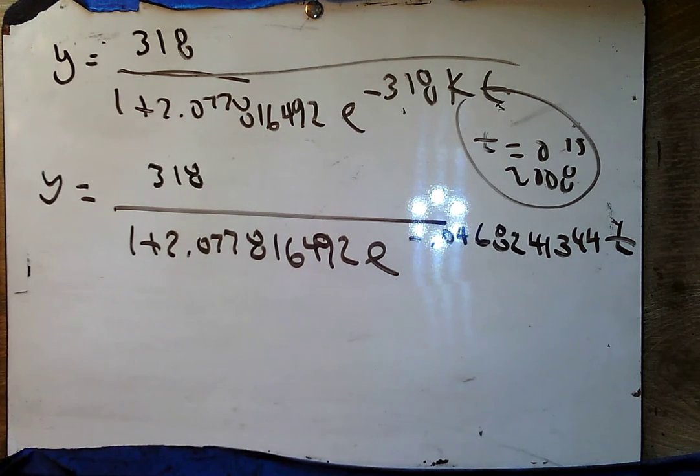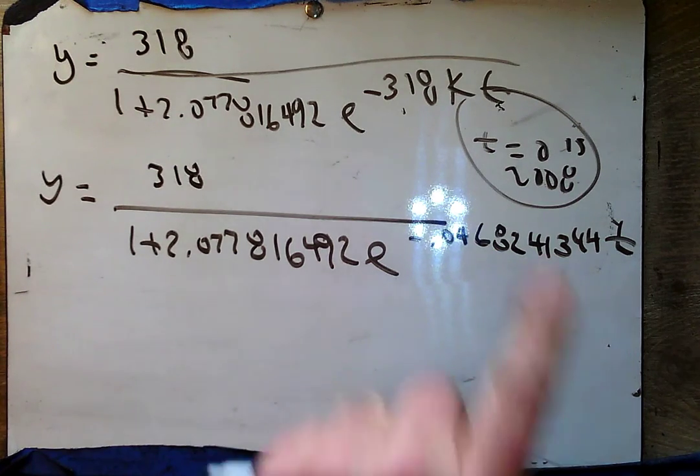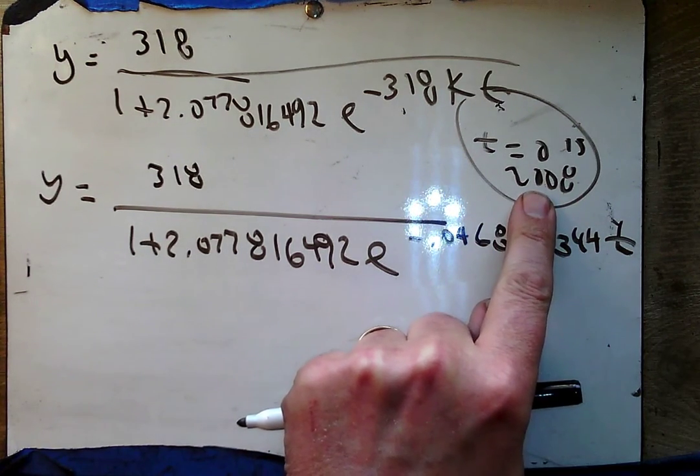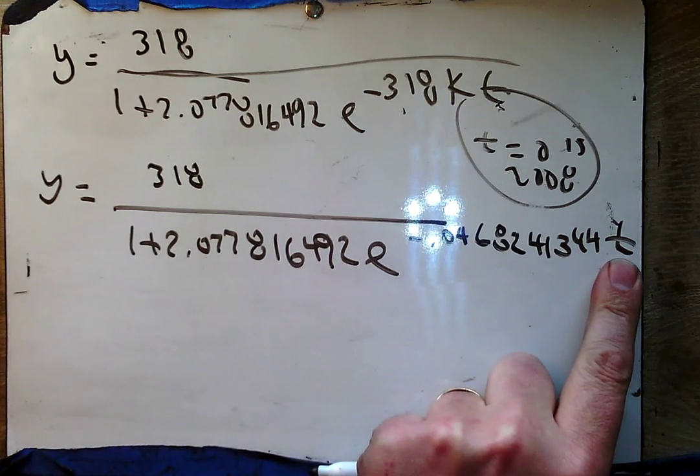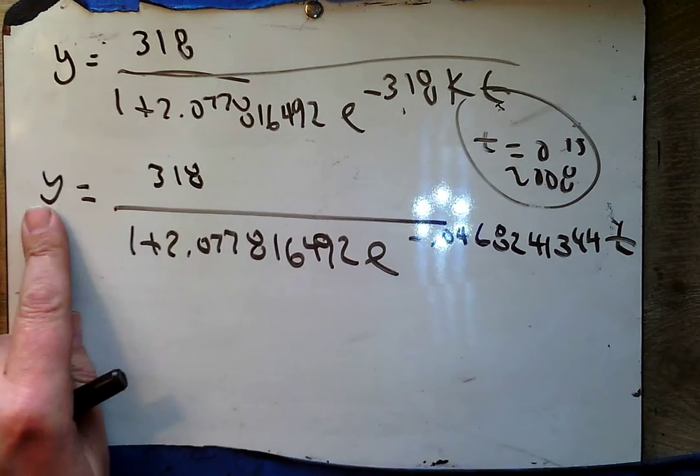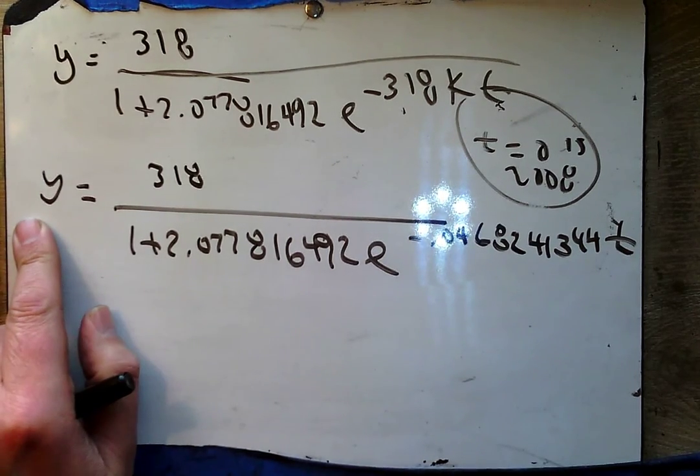Okay? So, what do you want to know? Do you want to know how many people are obese this year? How many years after 2008 are we in now? Well, 13. So if I plug a 13 in here, I'll know how many obese Americans there are.